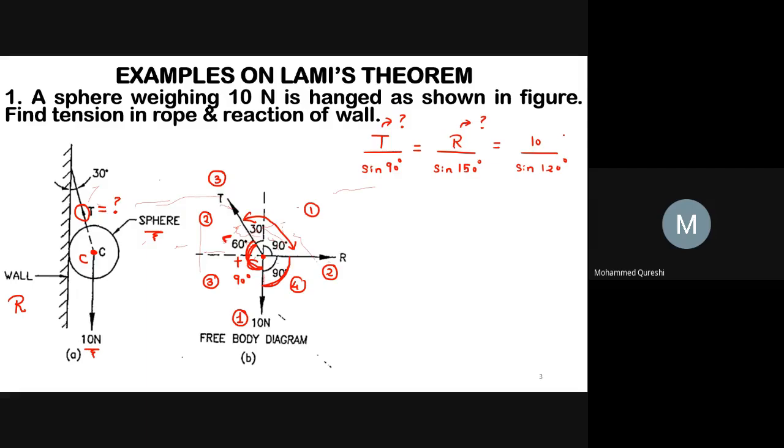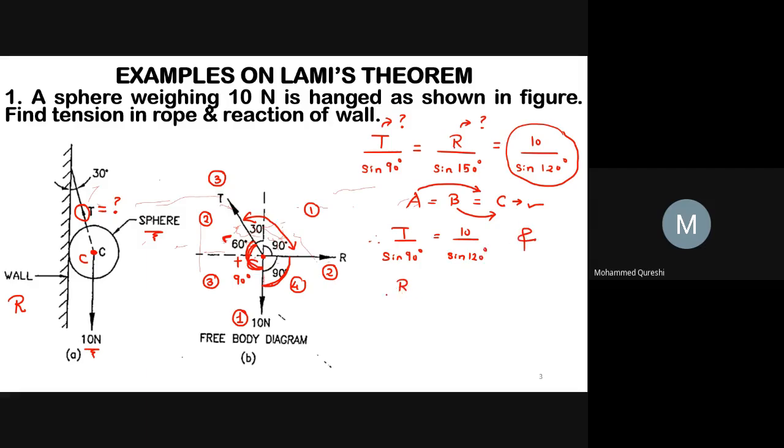Since we know these values, this is nothing but one equation, A equals B equals C. As C is known to us and A and B are unknown, we may write A equals C and B equals C. So now we will go for T upon sine 90 degree equals 10 upon sine 120 degree, and R upon sine 150 degree equals 10 upon sine 120 degree.